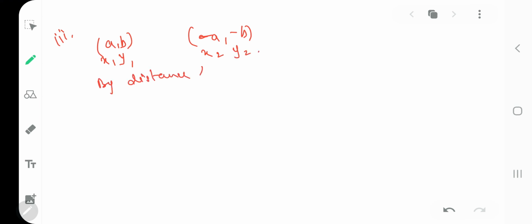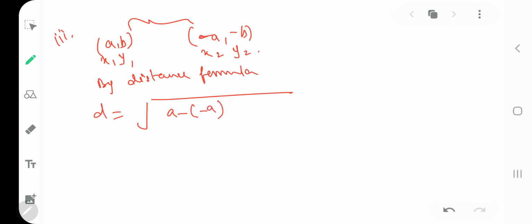Next, I will also take your third, in which you have to find the distance between A, B and minus A, minus B. This is your x1, y1, x2, y2, and you have to write by distance formula and find the distance between these two. So it will be x1 minus x2, so A minus minus A the whole square plus B minus minus B the whole square.